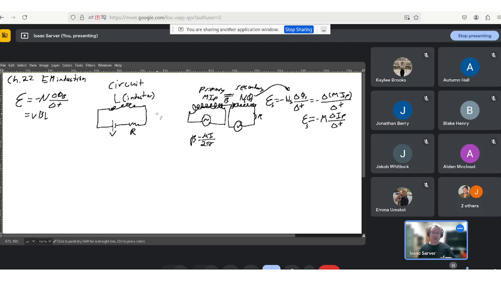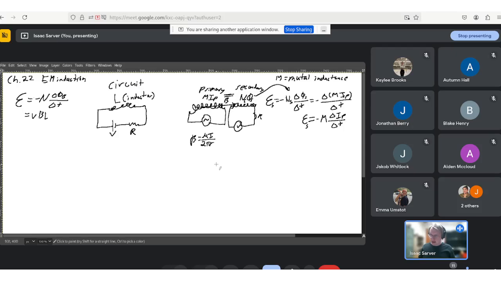And so, because there's a changing magnetic field in itself, that means that this L can actually mean that the secondary coil is in fact also the primary. And so, this M here is mutual inductance. Inductance is M.